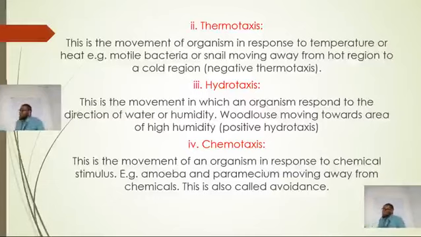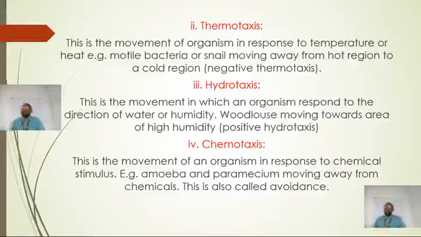When they move towards humidity, an example is a wood louse moving towards an area of high humidity. Because it moves toward, it is a positive hydrotaxis. Another example of tactic movement is chemotaxis.